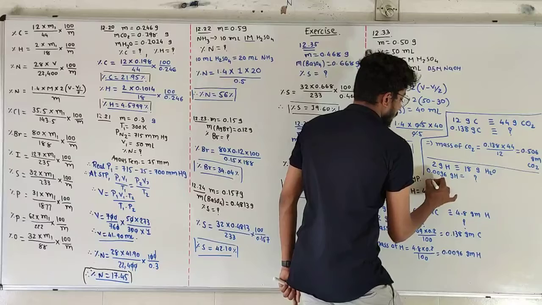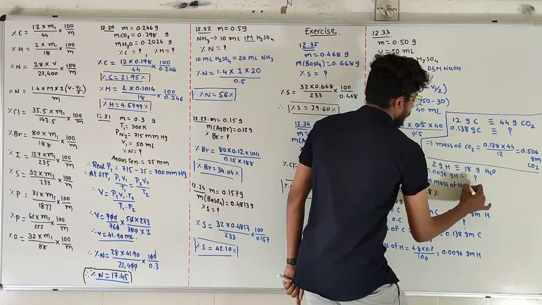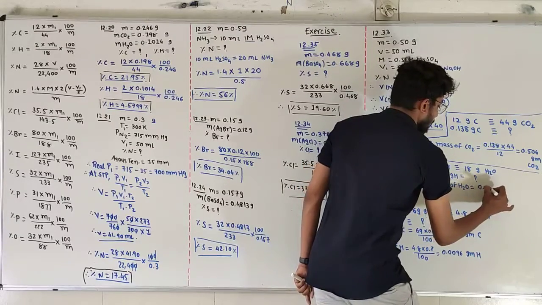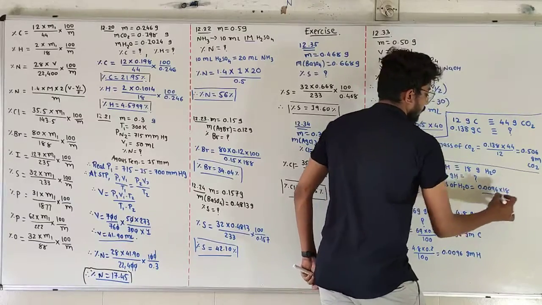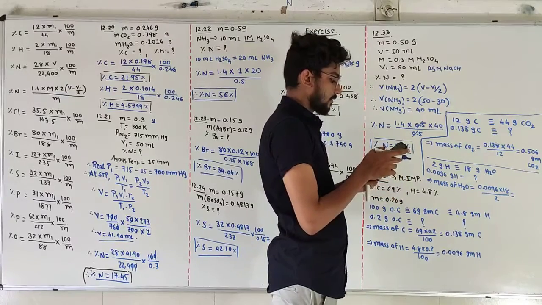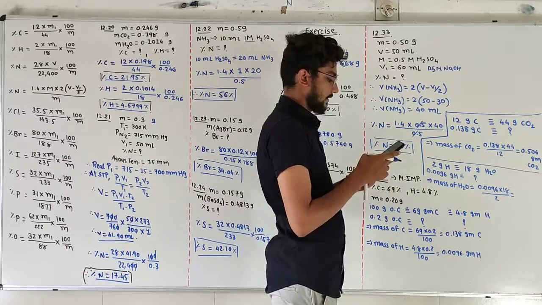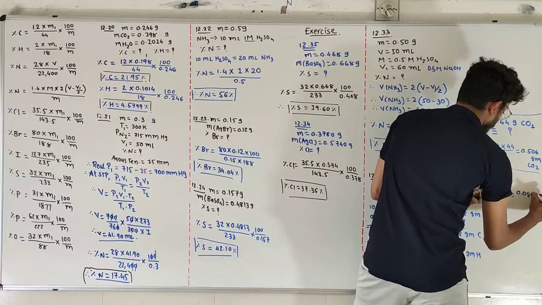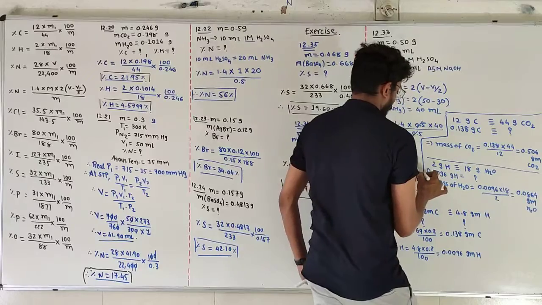So mass of H2O will be equal to, by cross multiplication, 0.0096 into 18 divided by 2. So simply 9 into 0.0096, it will be equal to 0.0864 gram water will be formed.